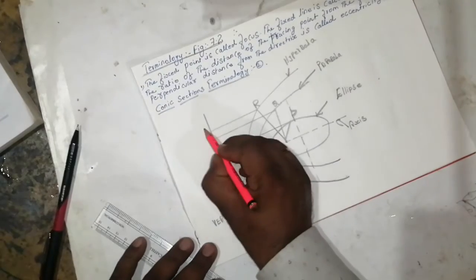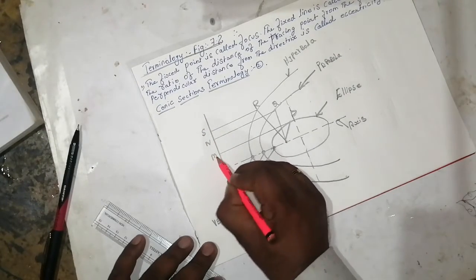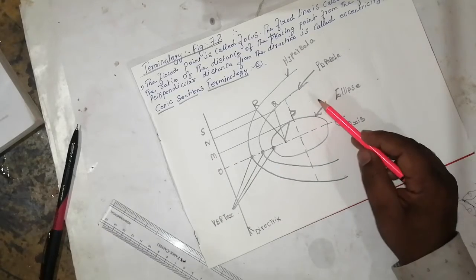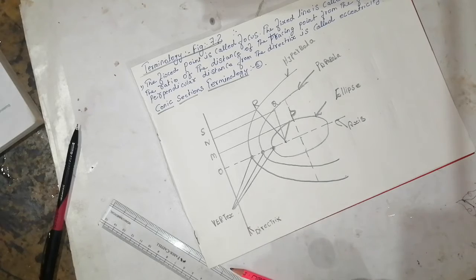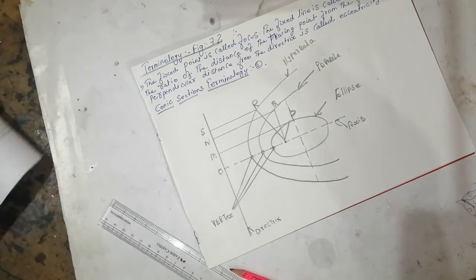So I mention these as S, N and M. This I take as O. This is the axis, hyperbola and so on.